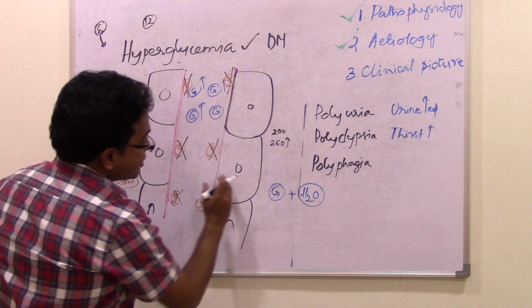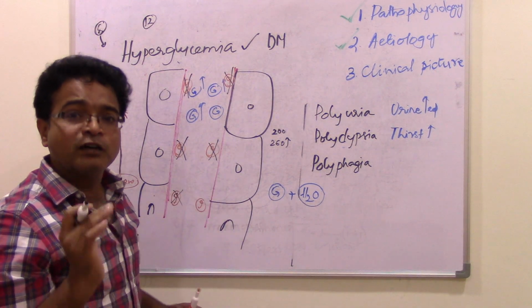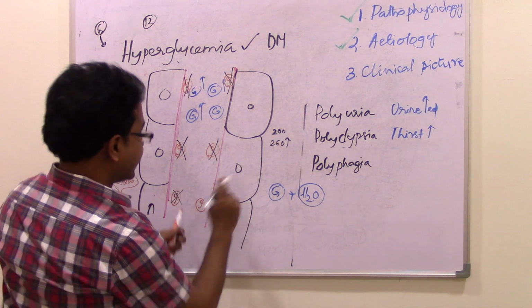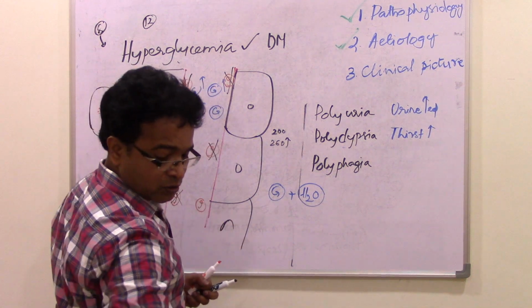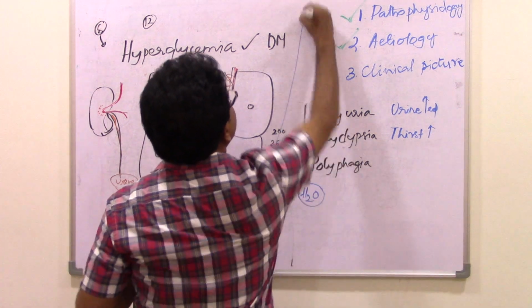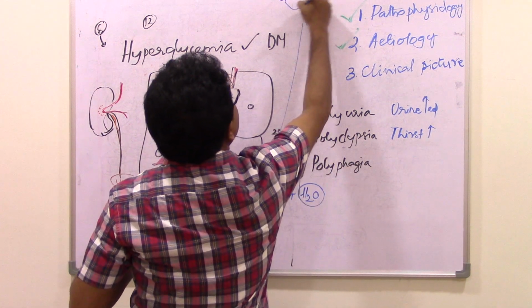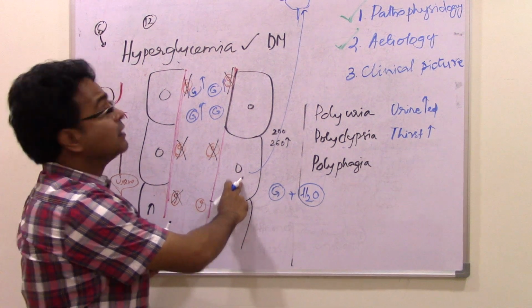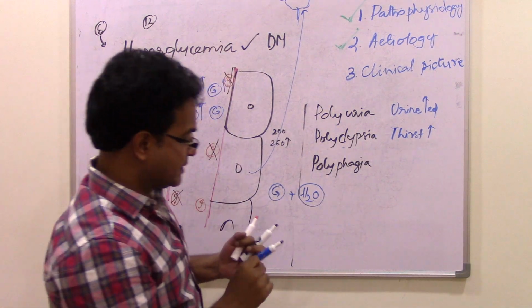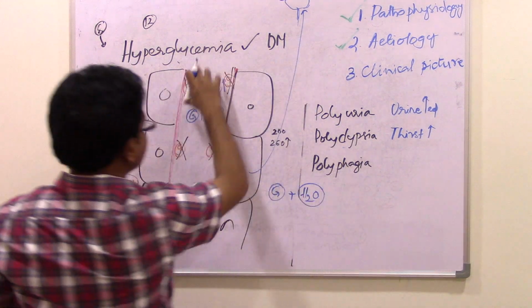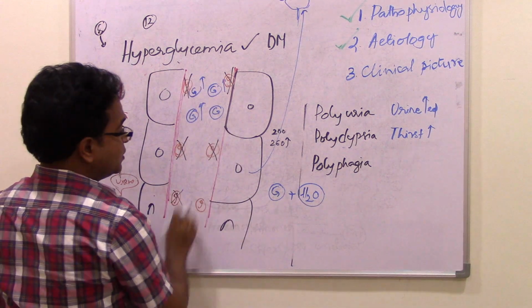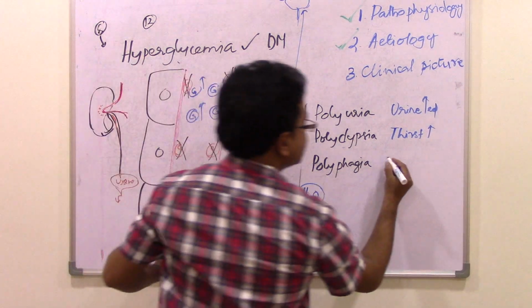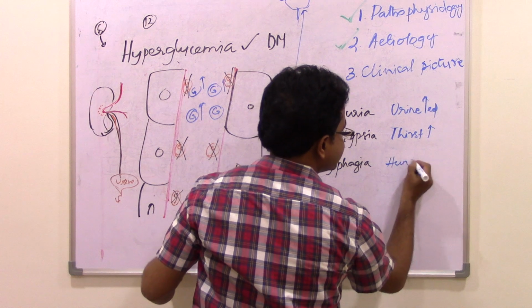So the cells are not getting enough food, enough nutrition. So they directly make a phone call to the brain saying, okay, dear sir, we are not getting enough food. So the hunger center is activated. Though the blood is full of food, since it is not being delivered, the hunger increases.